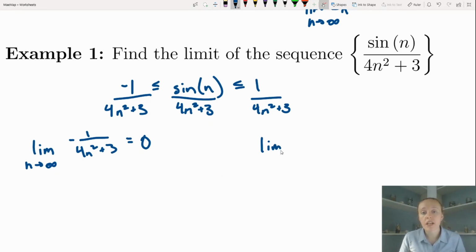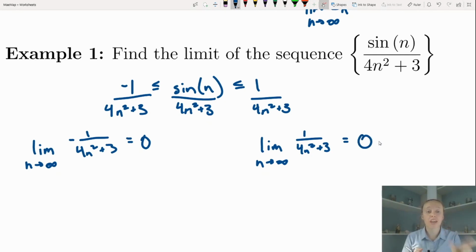Now, if I take the limit of 1 over 4n squared plus 3 as n approaches infinity, same deal. I have a constant in my numerator over some denominator that's getting bigger. That means my overall fraction is getting smaller and heading towards 0.